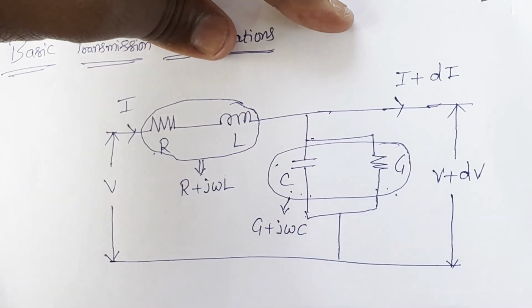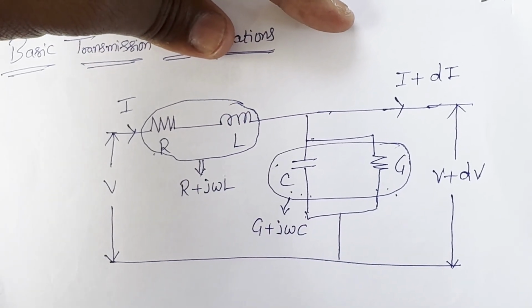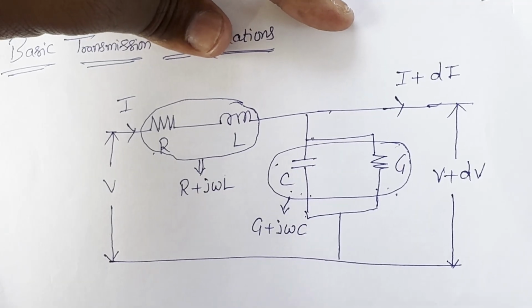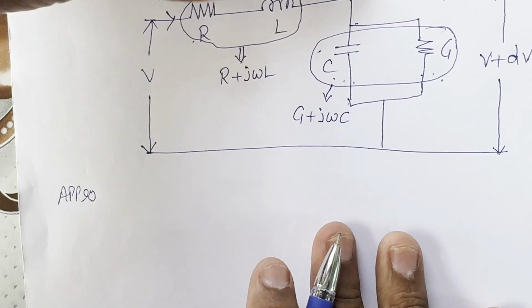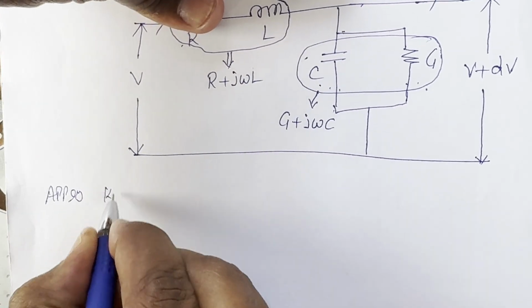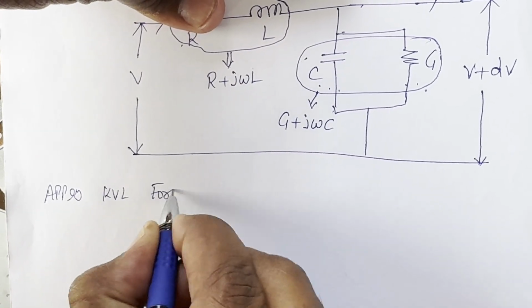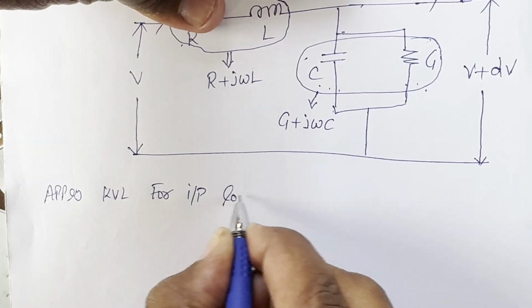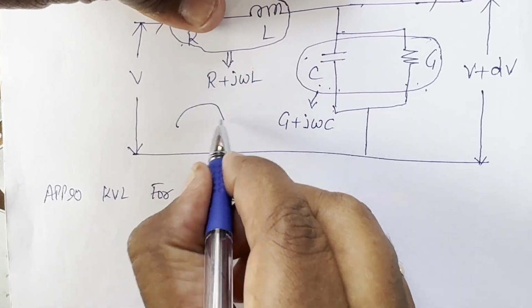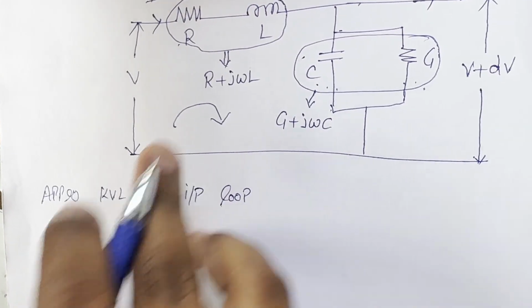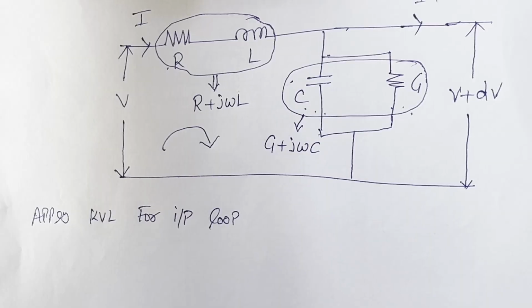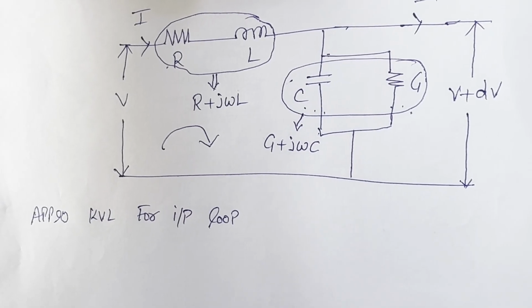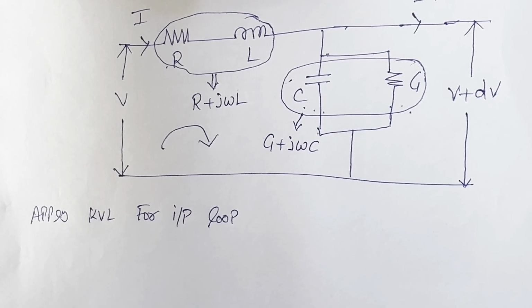Now I am applying KVL for the input loop. We know that in KVL, the applied voltage is equal to the drop of all individual voltages.